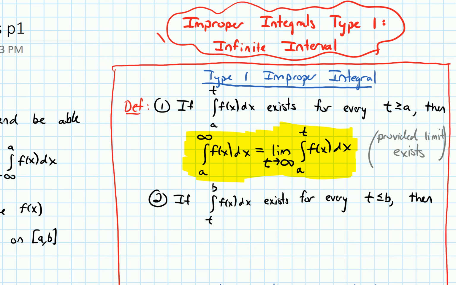The second part of the definition is when the lower limit is negative infinity. In this case, if the integral from t to b of our function exists for every value of t that is less than or equal to b, then the integral from negative infinity to b of f of x dx is equal to the limit, where I replace the negative infinity with a t, keep the upper limit as b, and take the limit as t goes to negative infinity.